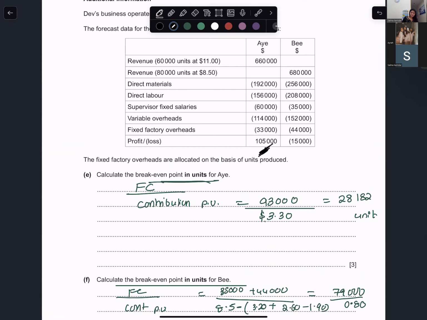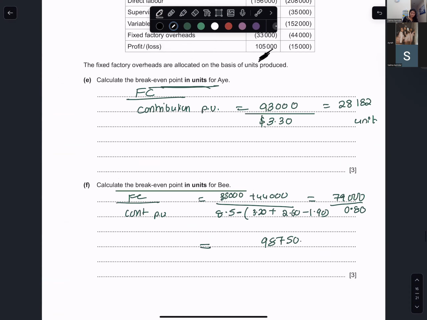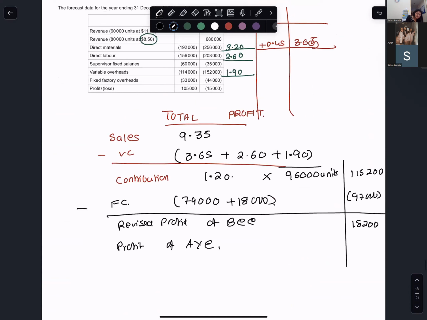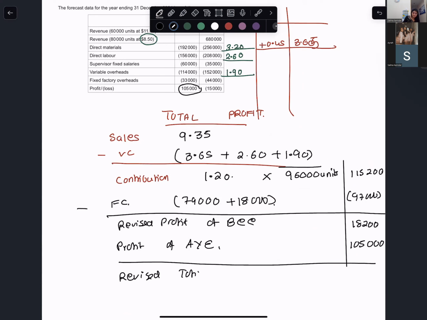They've given 105,000. So the revised total profit for option 1 is how much? 123,200.